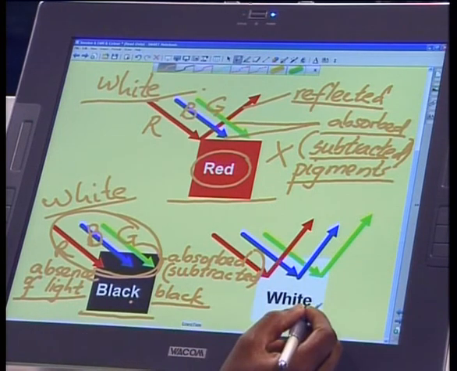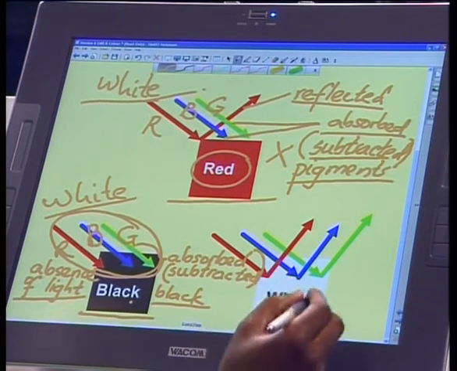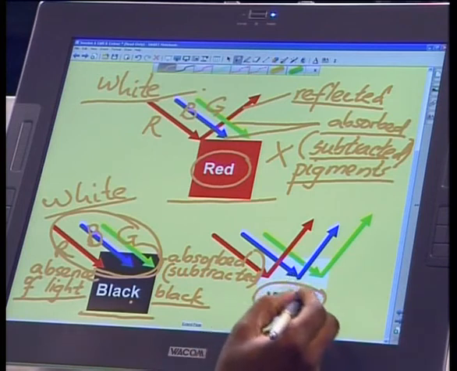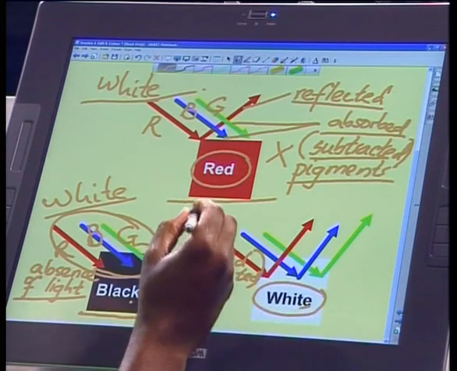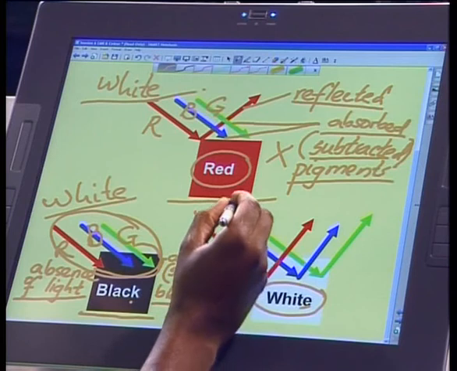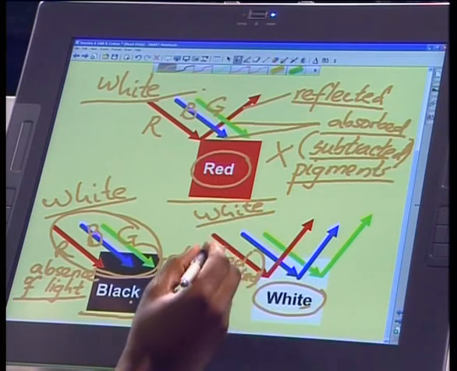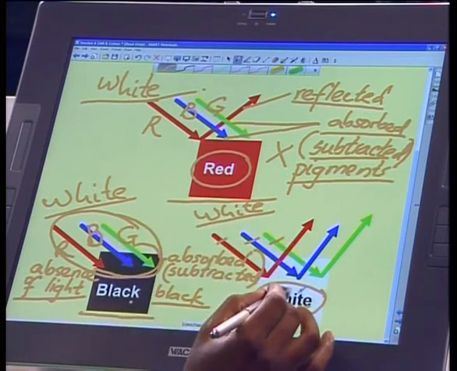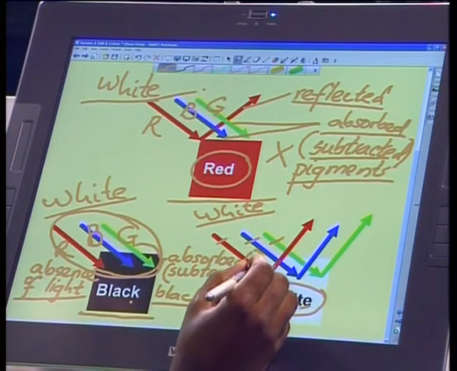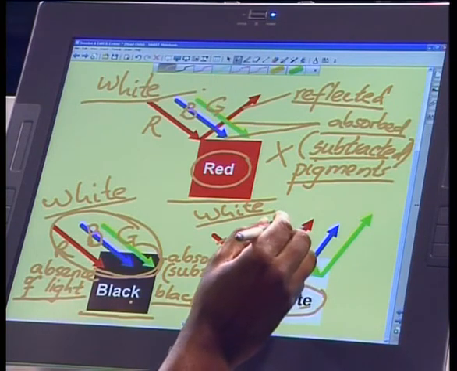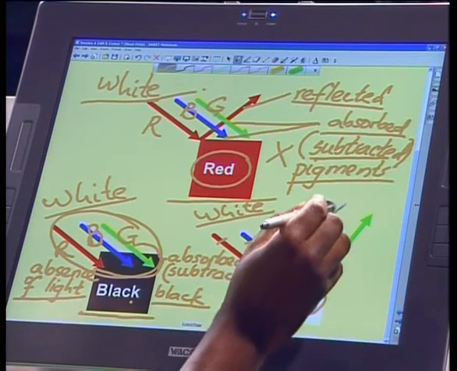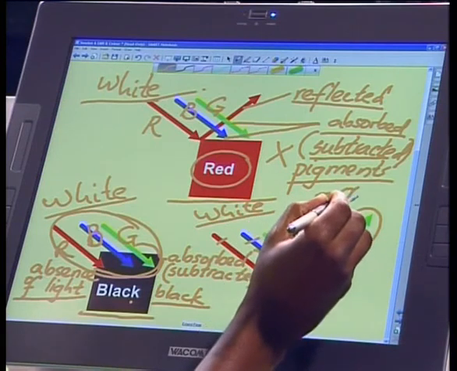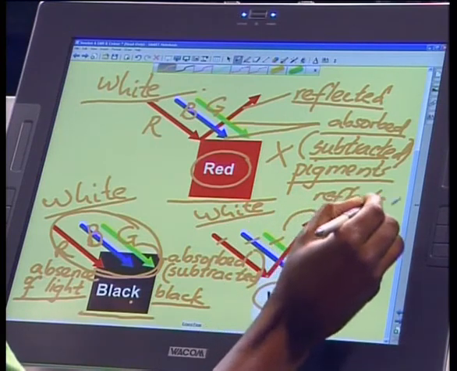Right, let's come to the white one. Here is the white object. It appears white because, remember, the primary colors of white light, red, blue, green, they come in, all of them are reflected. So all reflected.